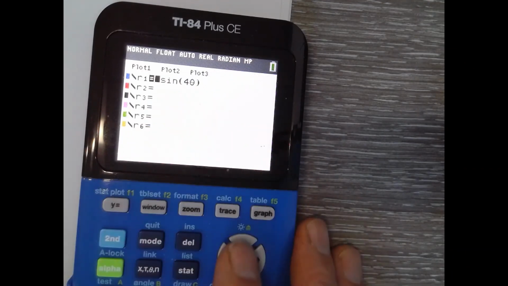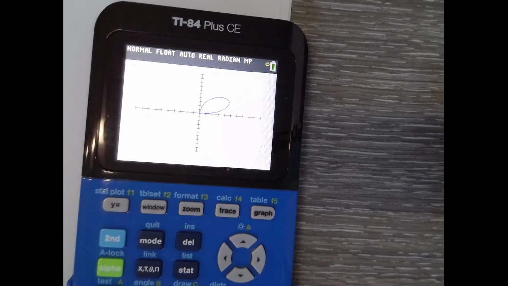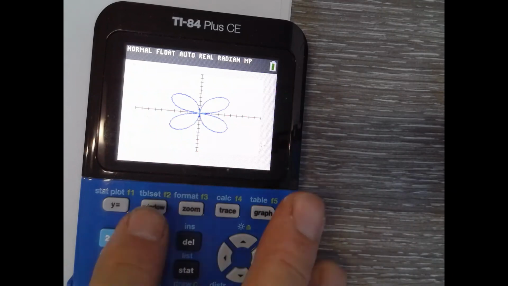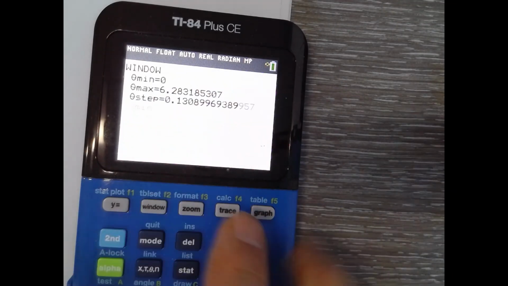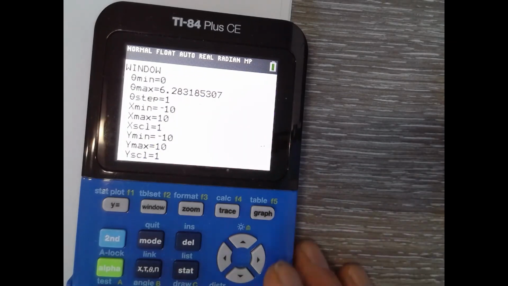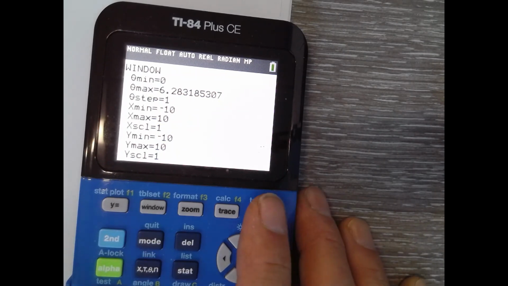What if, so if it was this one, I've got a 4-petal propeller. You should try, here, I'll show you something. If my theta step is at 0.1, I'm going to change it to 1. That means it's going up 1 radian every time it's making a point.